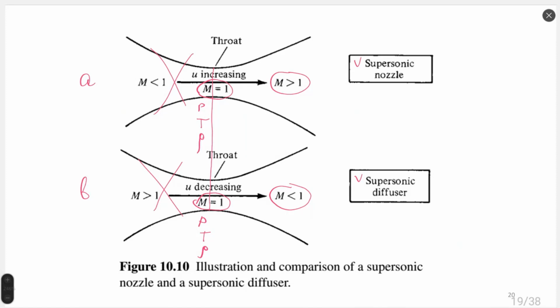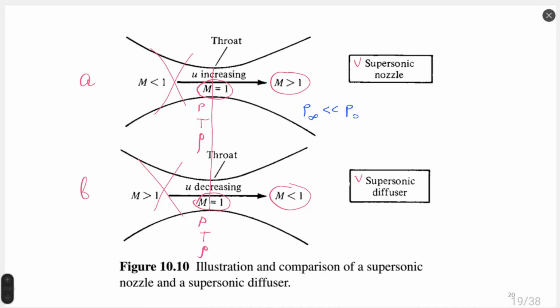In case A, the pressure gradient is accelerating the flow, so pressure is decreasing. In case B, the pressure gradient is opposite, pressure is increasing. This may happen in case A when ambient pressure is much smaller than stagnation pressure, then the flow is accelerating.